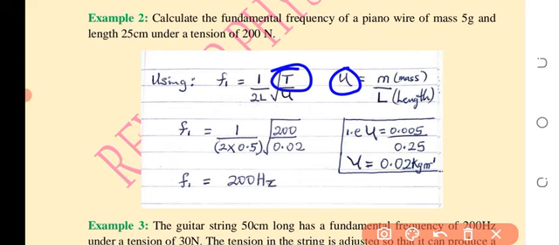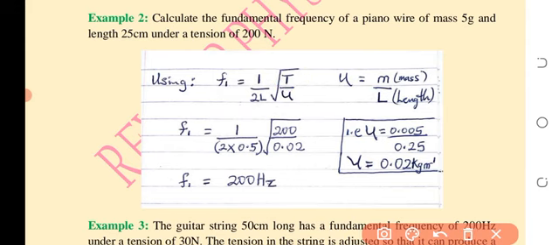And all these parameters, they have a relationship. That is, when the string is vibrating in fundamental frequency mode, F1, this frequency is directly proportional to the square root of the tension, and inversely proportional to the square root of mass per unit length.